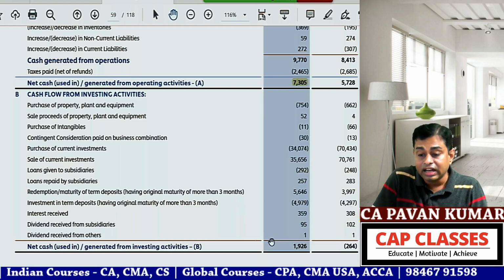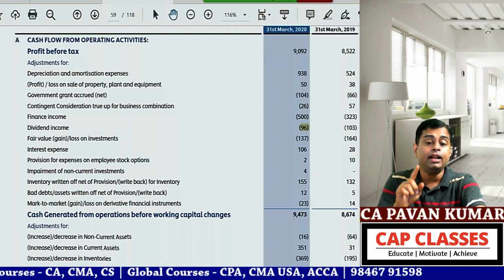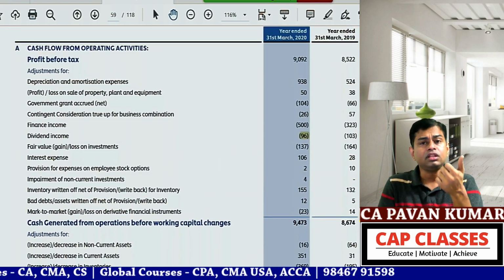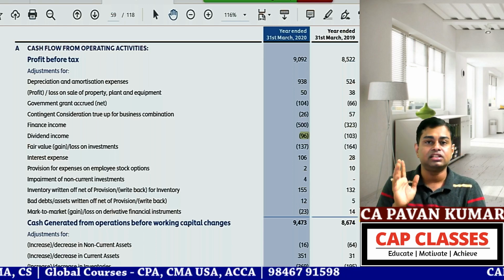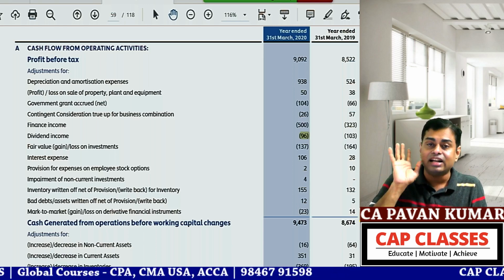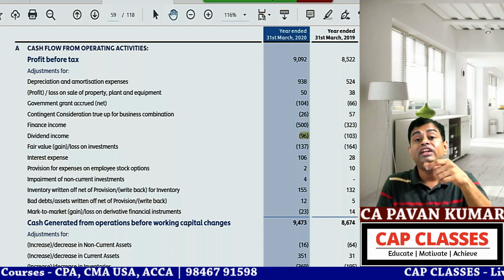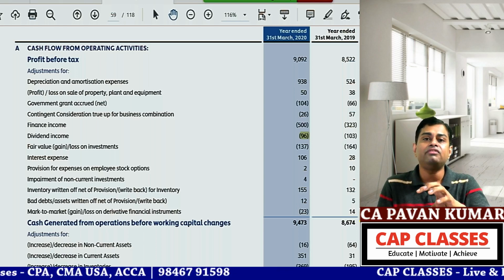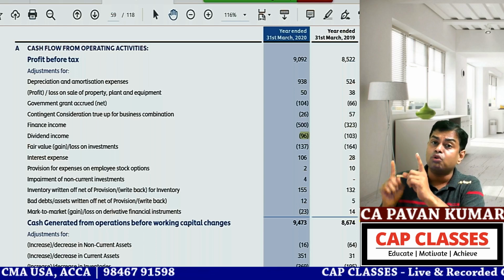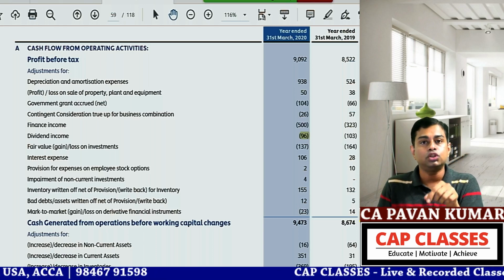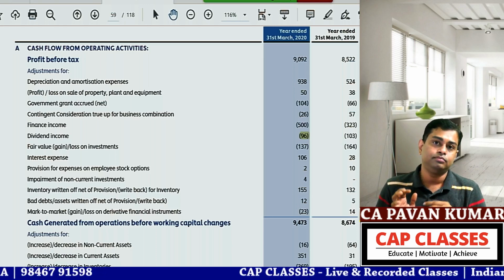You have put it here, 96. I told you, right? Take PBT, add back non-cash expenses, then add back or subtract non-operating items. After that, financing or investment activity items, adjust here and put them in the second or third bucket. Your house is somewhere, by mistake you came here. So I will subtract you from my family and drop you in your flat.